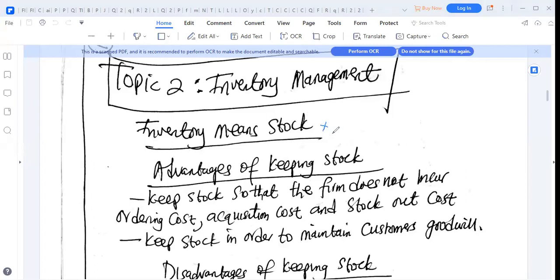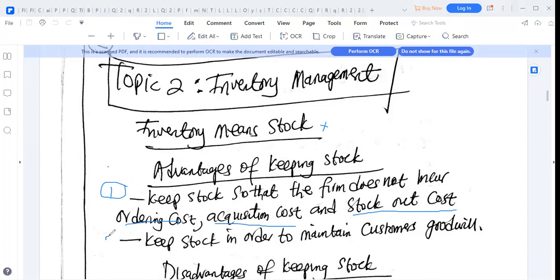So we have the advantage of keeping stock. Keep stock so that the firm does not incur ordering cost. You also keep stock so that you avoid acquisition cost or unit price. And then keep stock so that we avoid the stock out cost. So this is the first advantage of keeping stock.